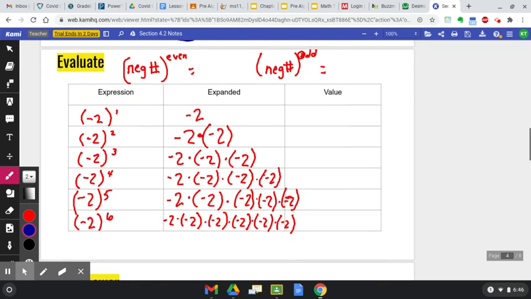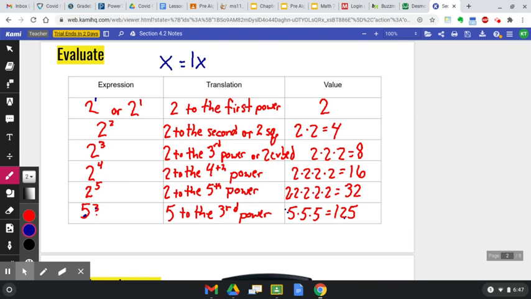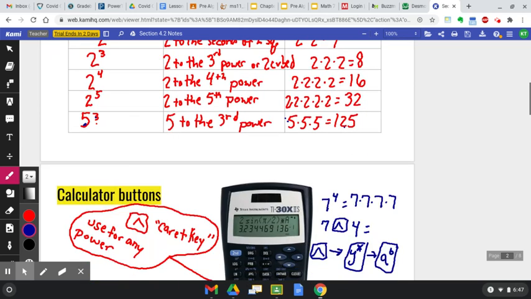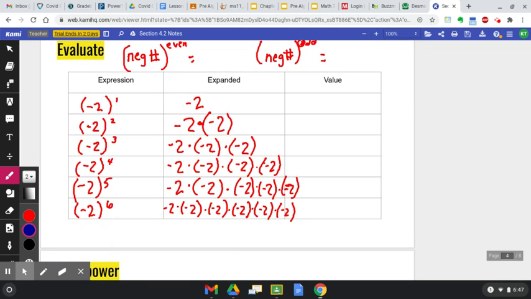All right. So here's another table. So we're looking at what happens if I have a negative value, right? Up here it was positive 2 raised to a power. Here we have negative 2 raised to different powers, right? So first of all, negative 2 to the first, we should know that that's just negative 2.